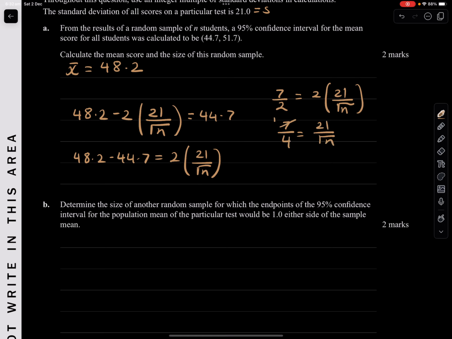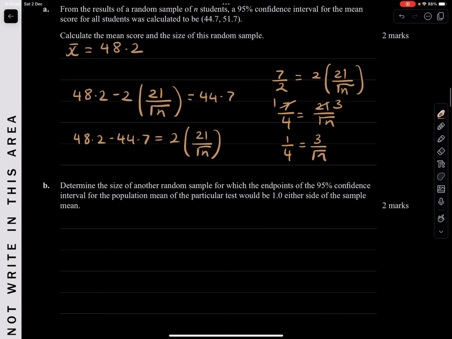We can take 7 out, since 7 goes 3 times into 21, so we can write this as 1 over 4 is equal to 3 over root n. Then you cross multiply, so root n equals 12. Hence, n is just 12 squared, which is 144. So the n value is 144.